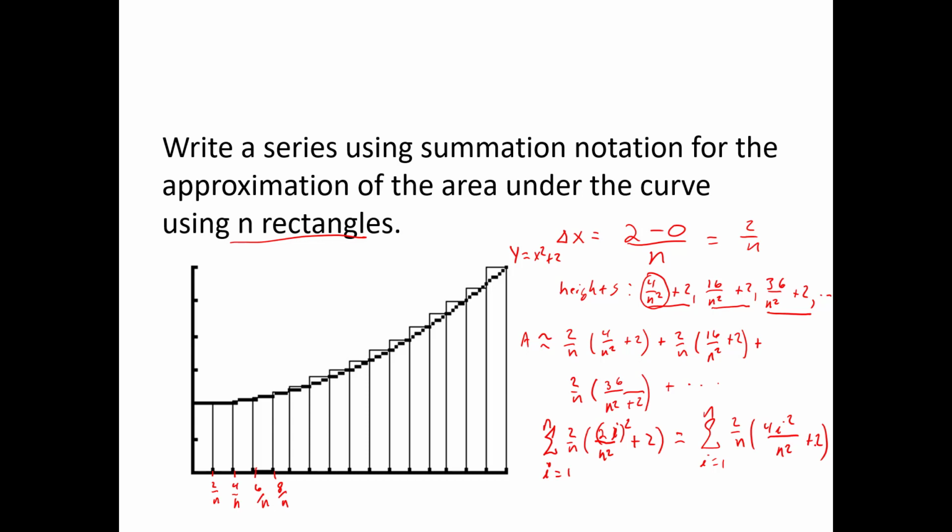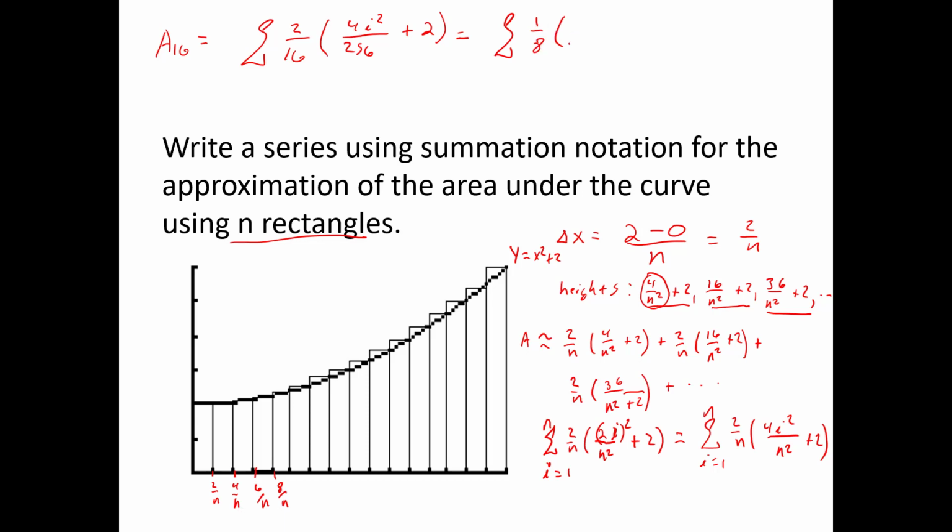If we had 16 rectangles, then a sub 16, we would get the summation of 2 over 16 times 4i squared over n squared, 16 squared is 256, plus 2, which we can clean up, because the 2 over 16 is 1/8.